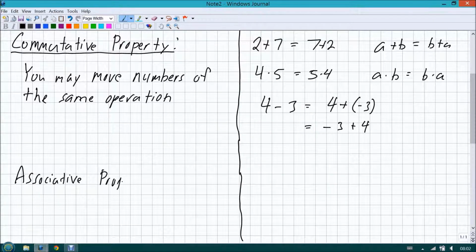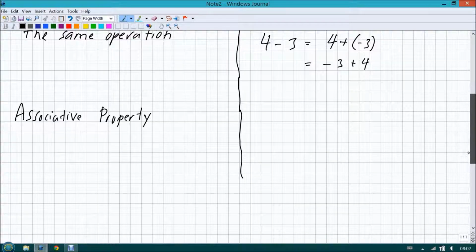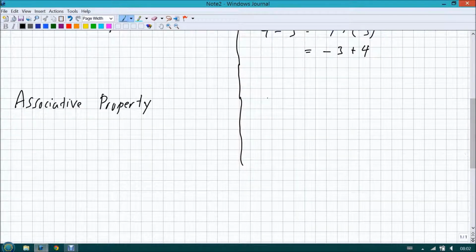Now, the best way to explain the associative property is with an example from school. I know you guys like to chat. I know you guys like to chat a lot. In fact, you like to chat too much. But such is life. An example would be, let's say that we have two girls chatting away, and they're supposed to be facing forward, but of course they're not.